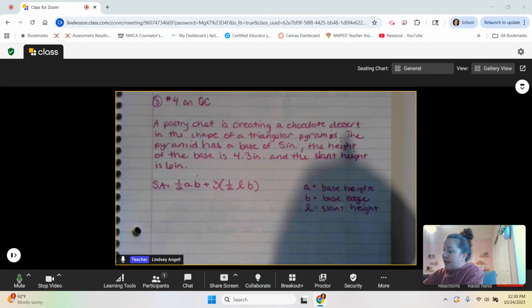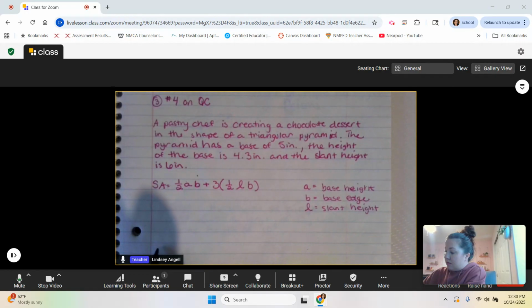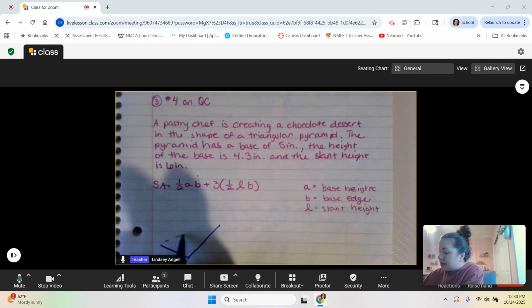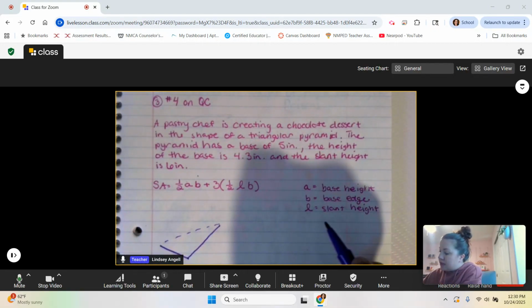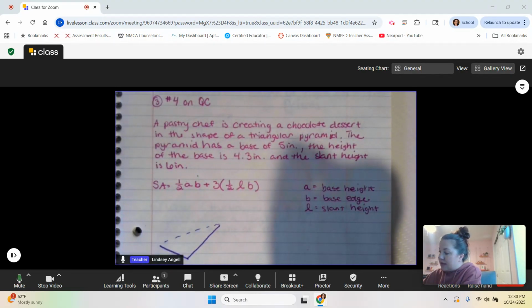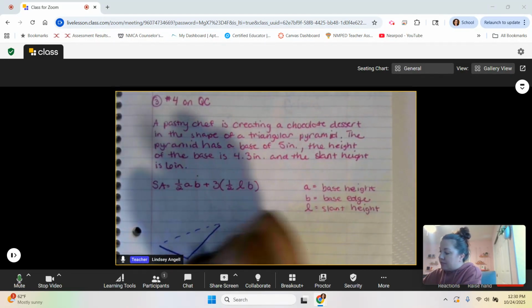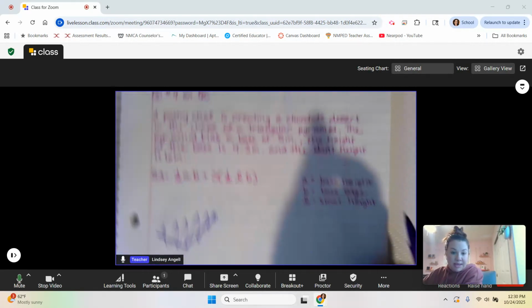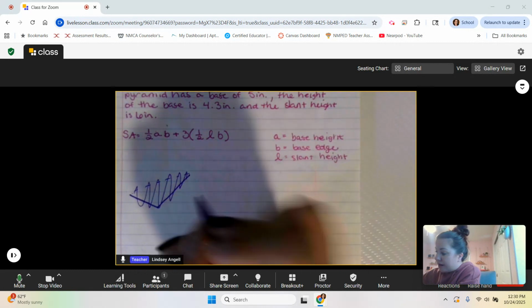So if it's a triangular pyramid, and they really like to test my drawing skills, don't they? I know, we'll say it looks like that, okay? So there's my base, all right? And then, actually, sorry, it should be an equilateral triangle, right?